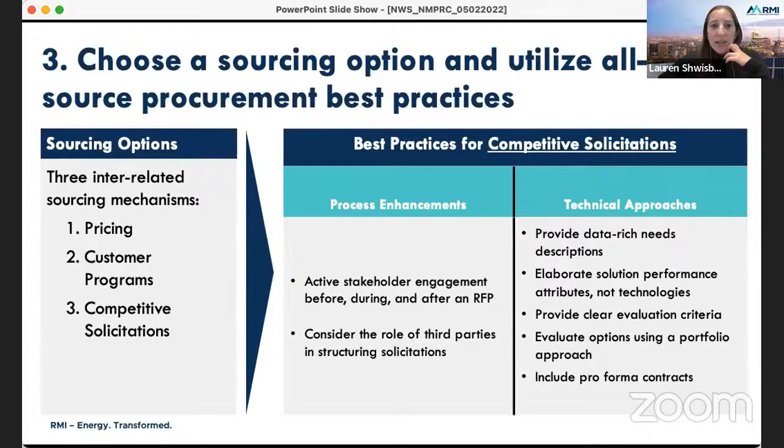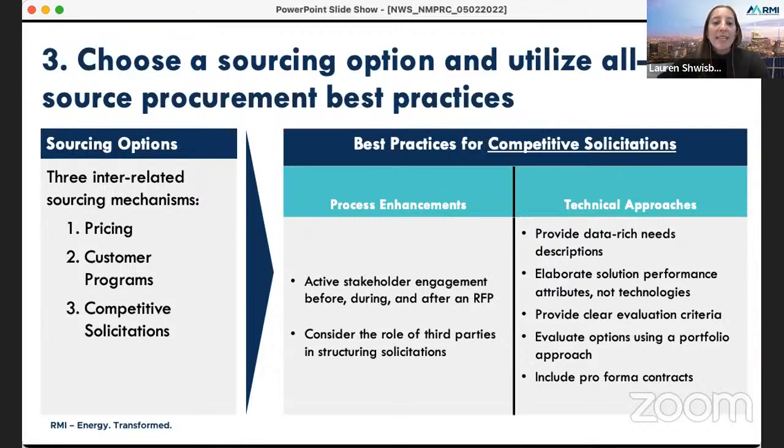Non-wire solicitations have a few best practices. They require engagement to make sure that stakeholders understand the need, how their technologies might contribute, and how they will be evaluated. It's helpful to have pre-RFP feedback often to make sure technologies aren't being inadvertently excluded, especially when this is newer and everyone's still learning.